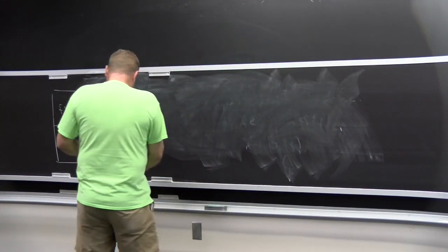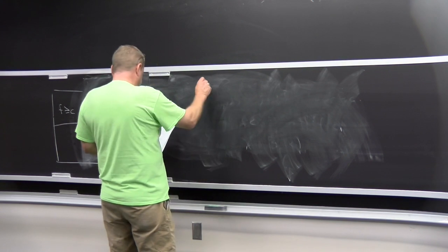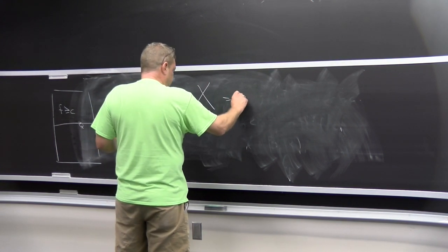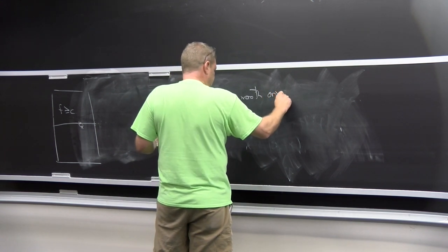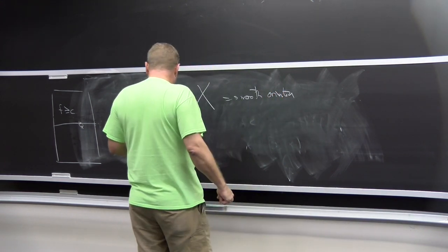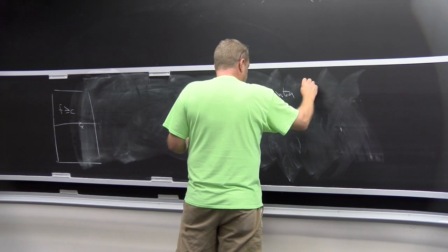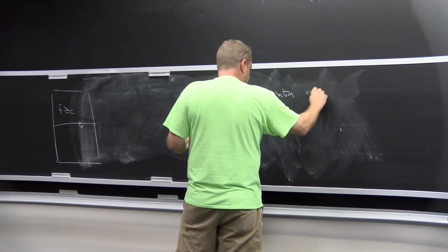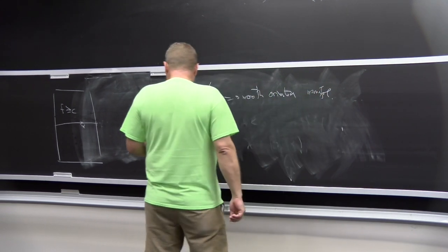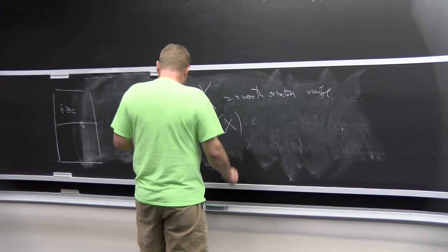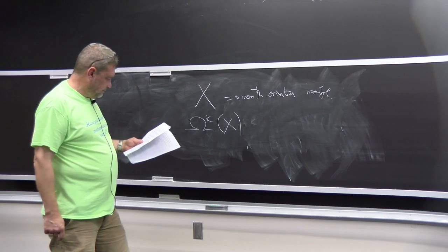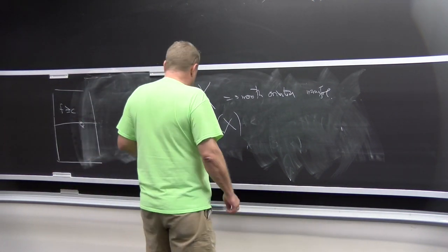So if we have X, a smooth oriented manifold, I have omega k of X compact.